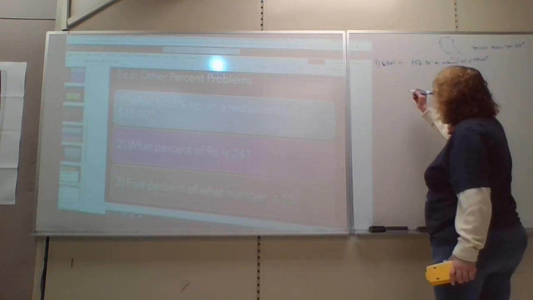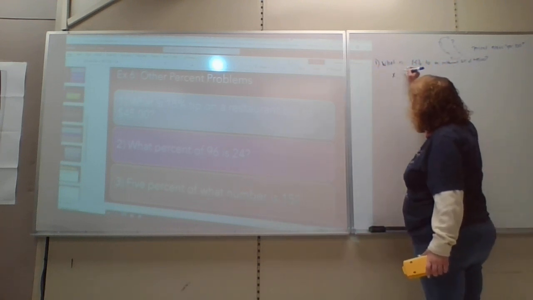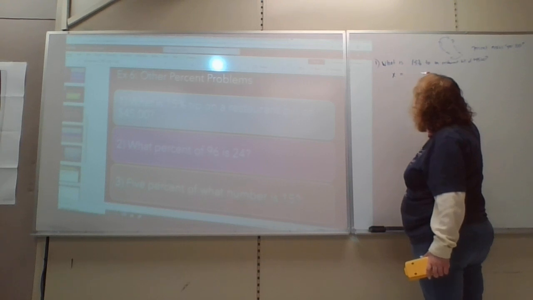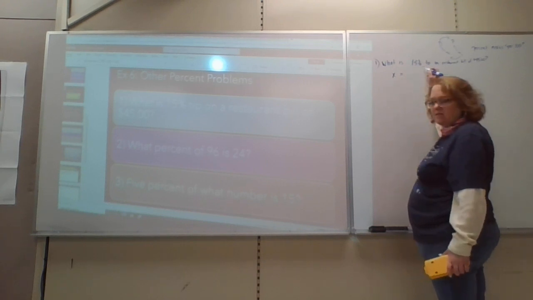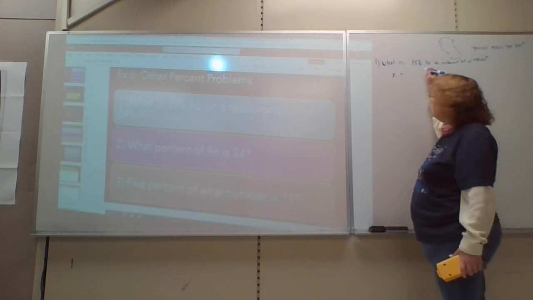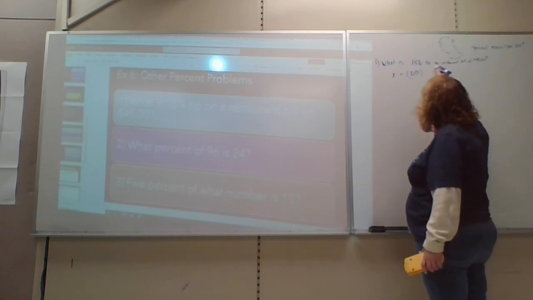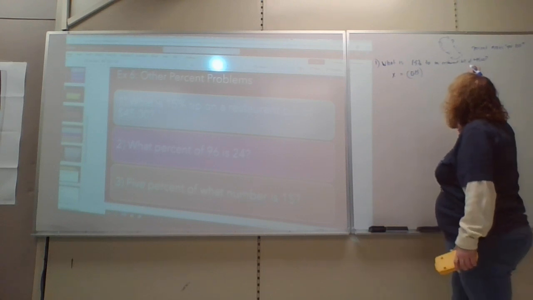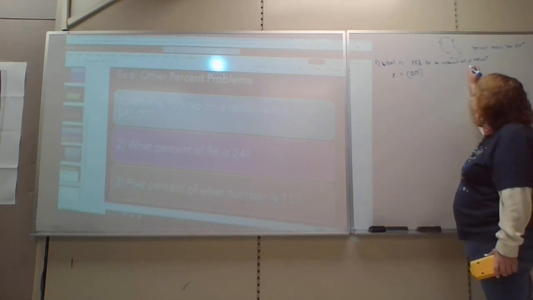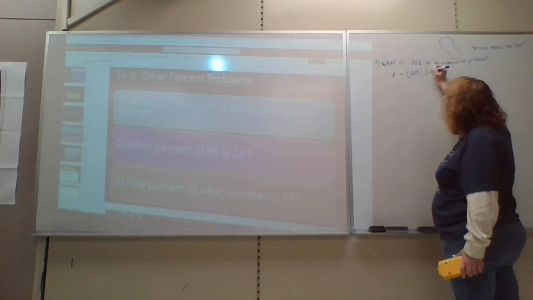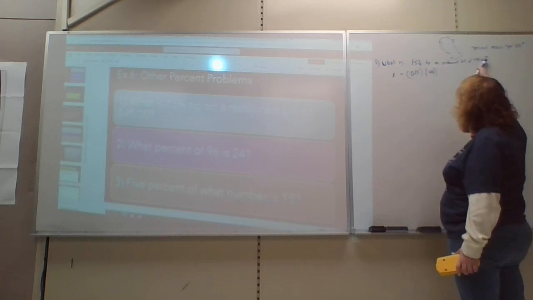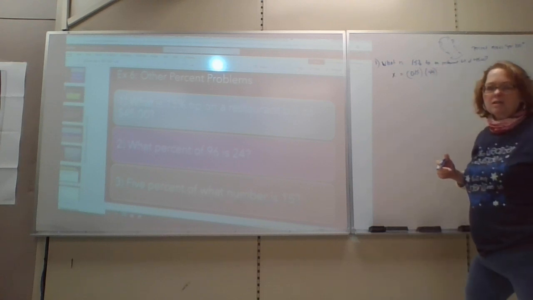So what is, I'm going to let that be X. Is means equal. 15%, I'm going to change that to a decimal, 0.15. On a restaurant bill of means multiply. 45. You can put $45 just like it is, it doesn't matter because it comes out the same.